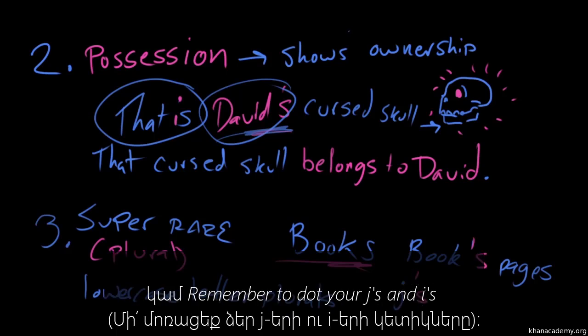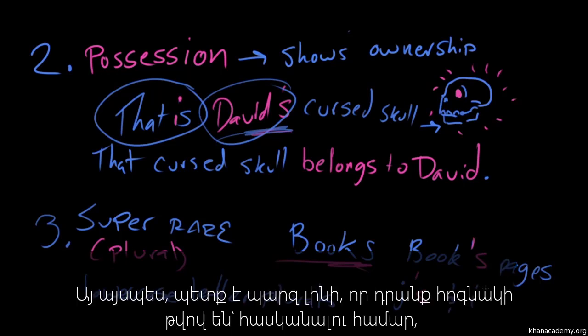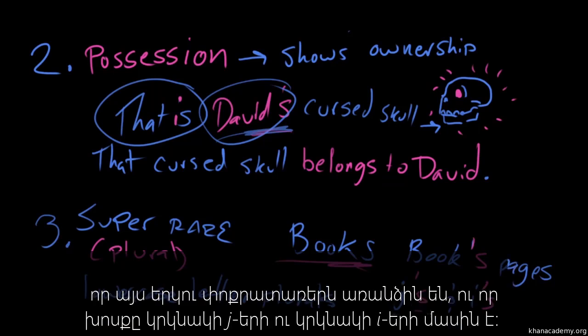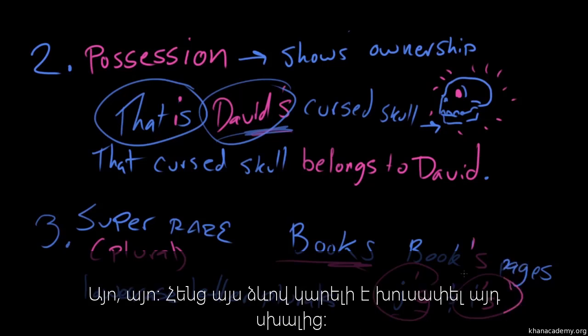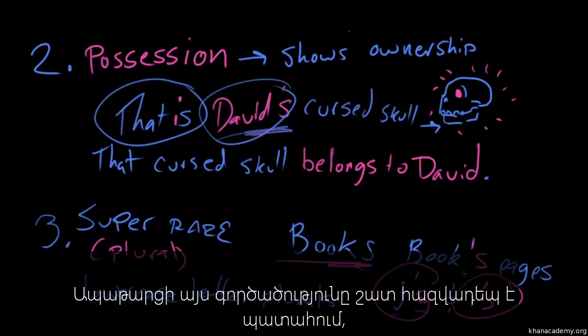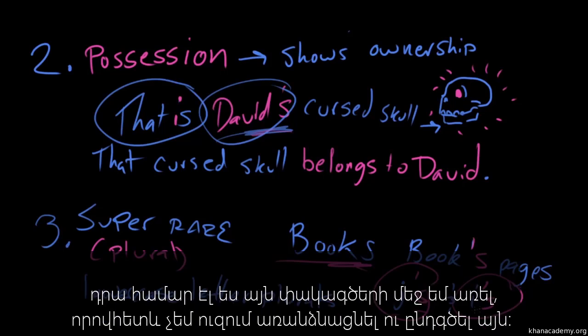And remember to dot your J's and I's, like that, to denote that they're plural, to indicate that there's some kind of separation between this lowercase letter and this lowercase letter, and that we're trying to say that there are multiple J's and I's. Right, and especially with something like I's, if you didn't have that apostrophe there, it would probably just look like you're trying to write the word is. Sure. So this is kind of a workaround. Exactly.